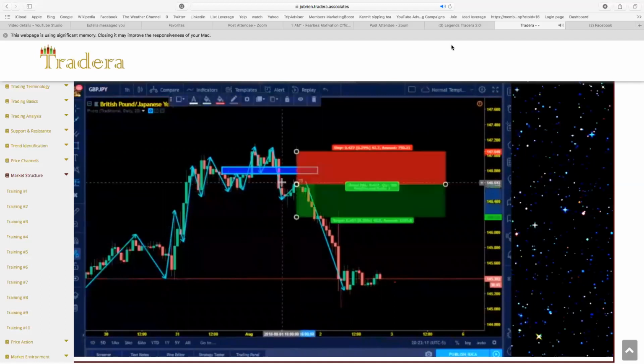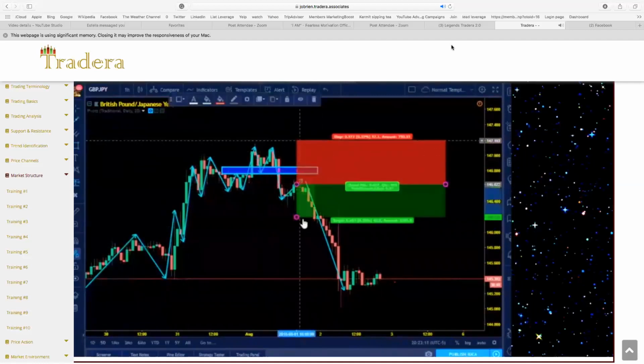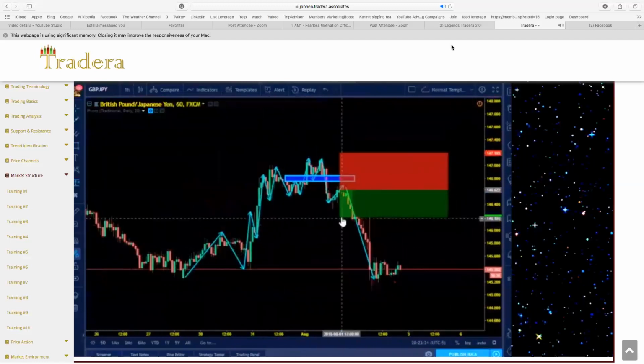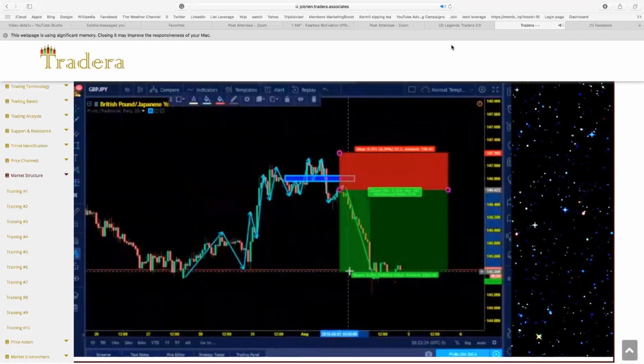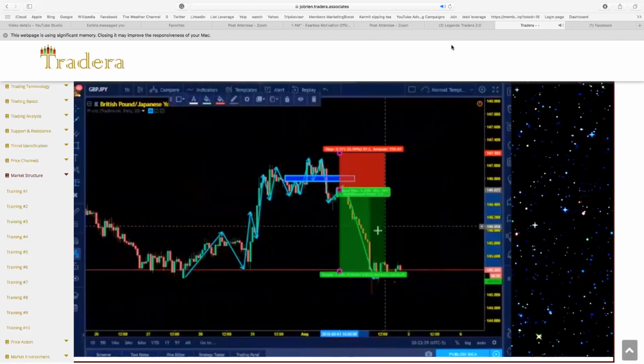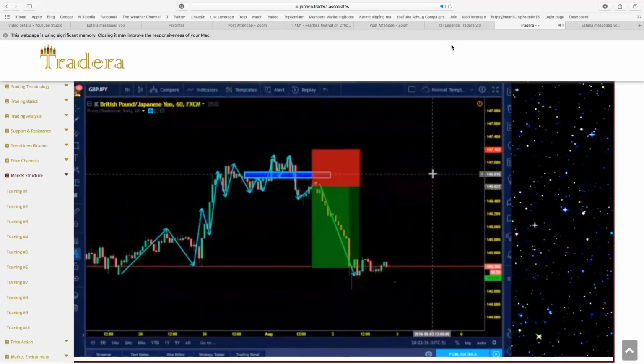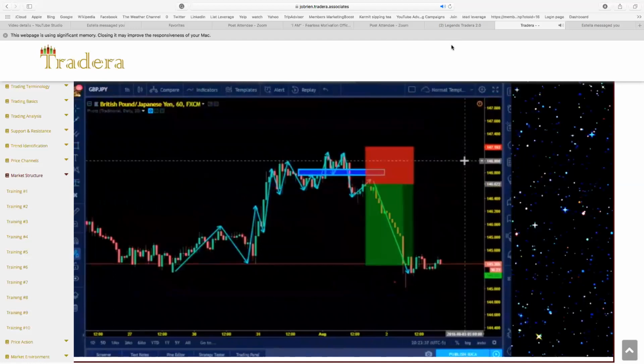Here's your short trade. Stop loss up here. Me personally, when I took this trade last night, I was aiming for these lows right here. Target was smashed. I was out 125 pips. What's the problem? Simple, simple, simple, guys.